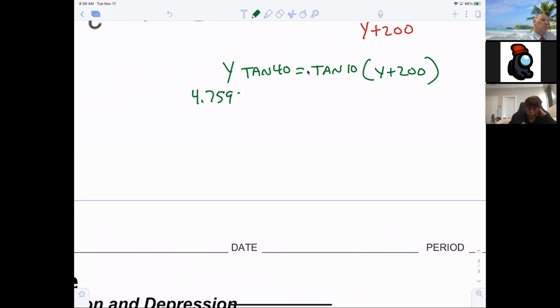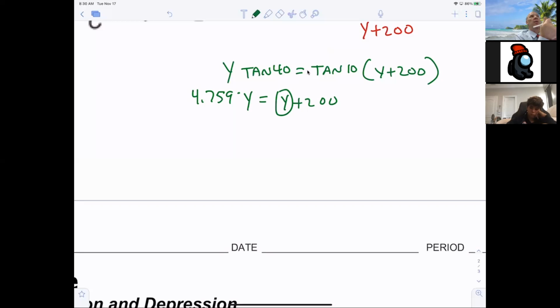And so now I get 4.759y equals y plus 200. Does everybody agree with that? So now what am I going to do with this y over here? Subtract it. So what's on your calculator? Now look, I don't care so much about the trig right now. I care about your understanding. When the numbers are a little bit harder, for whatever reason, people think it's harder math.